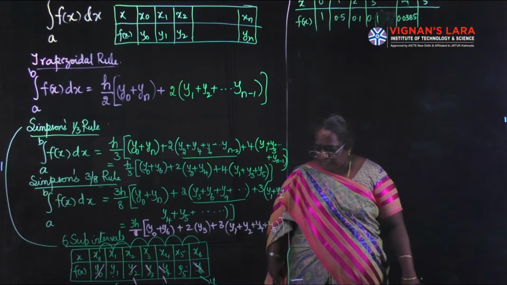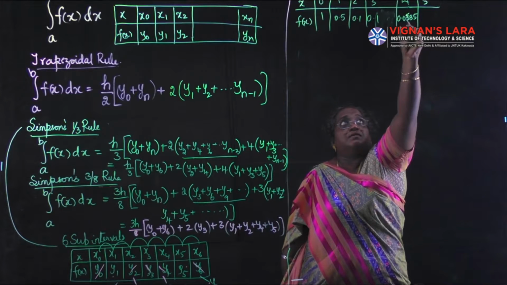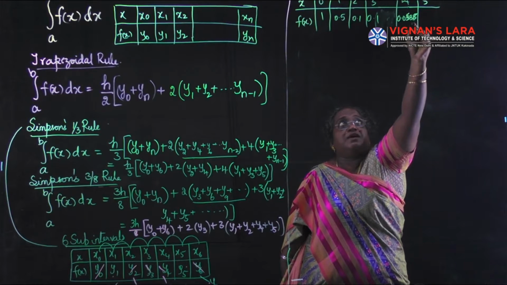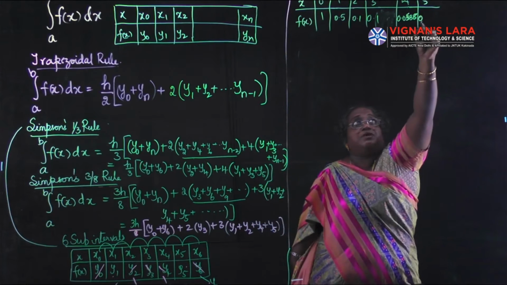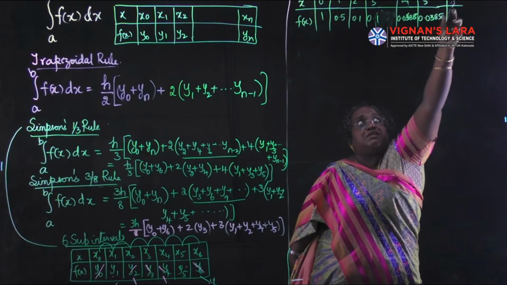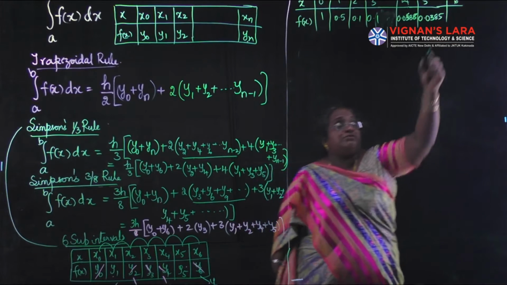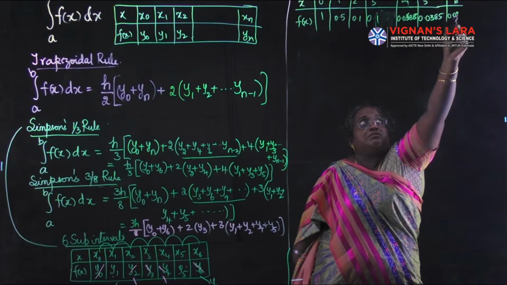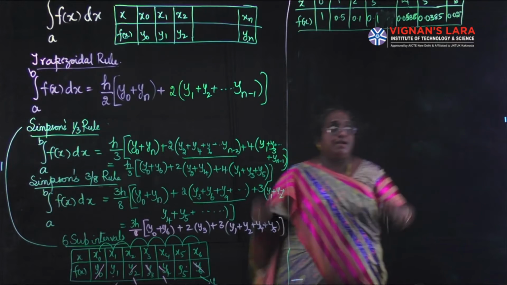Next for 4 it is 0.0588. Next for 5 it is 0.0385. And for 6 it is 0.027. So this is the table which we had.